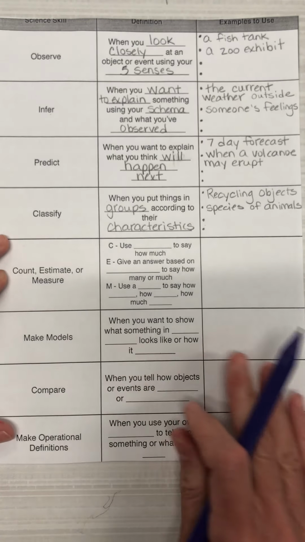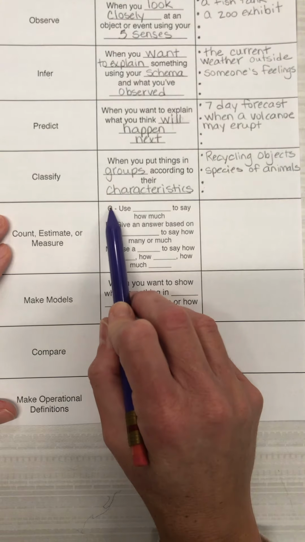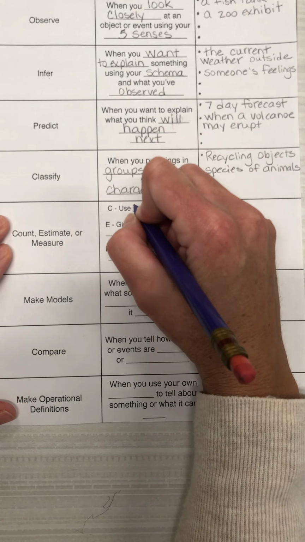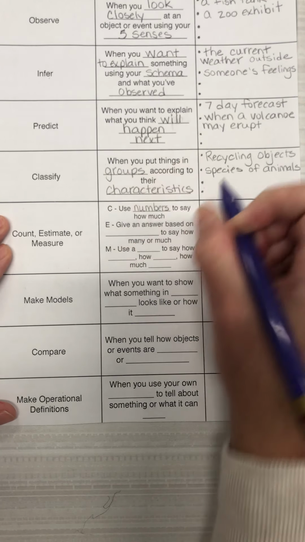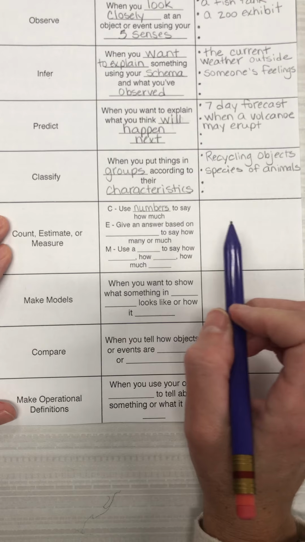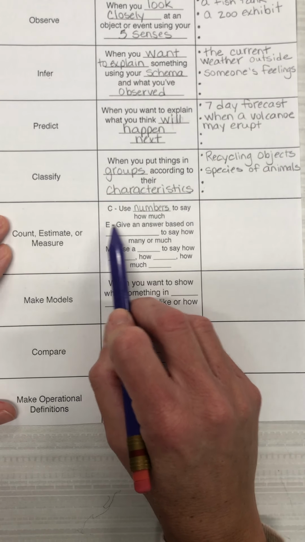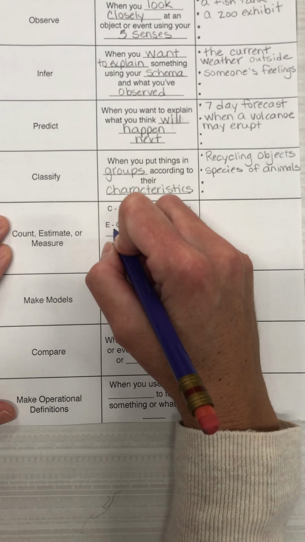All right, when scientists count, estimate, or measure. So count, estimate, measure. That's what the CEM stands for. When we count, that means we use numbers to say how much or how many there is of something. When we estimate, it means we give an answer based on a guess.